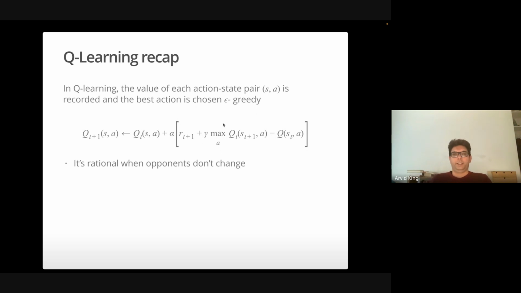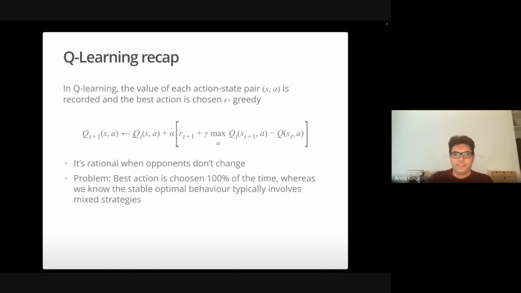So if your opponents don't change their policies, you're going to eventually accrue more value in the function that maximizes your future rewards, and so you do flip over to the best strategy, provided it exists.